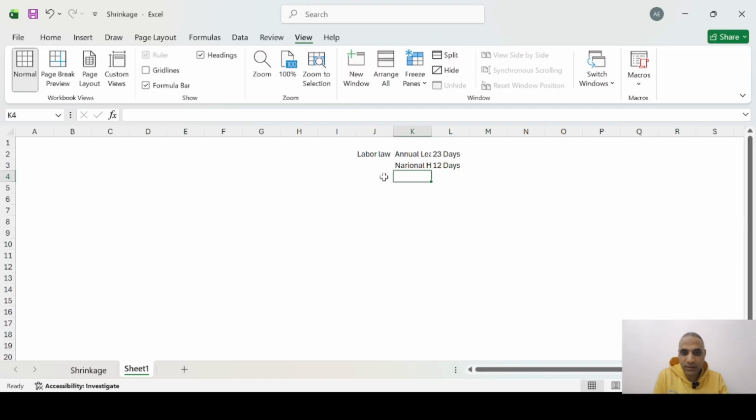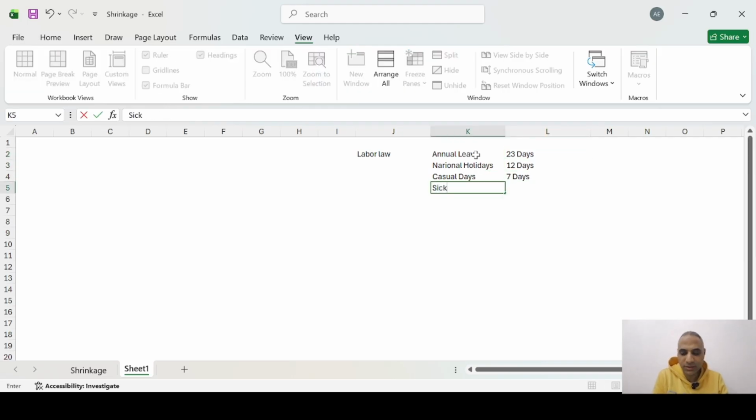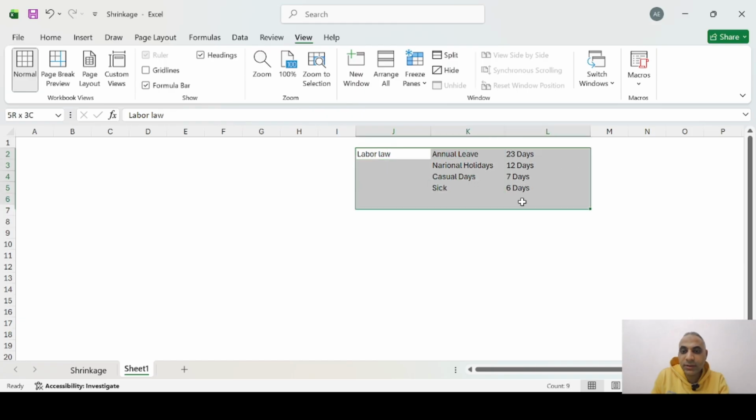They have targeted casual days, 7 days. Let's assume that we also have sick days as an allowance, 6 days. So that's based on the labor law.